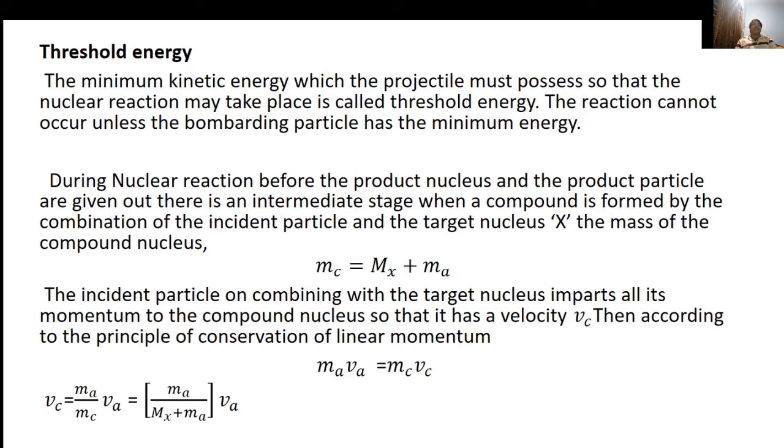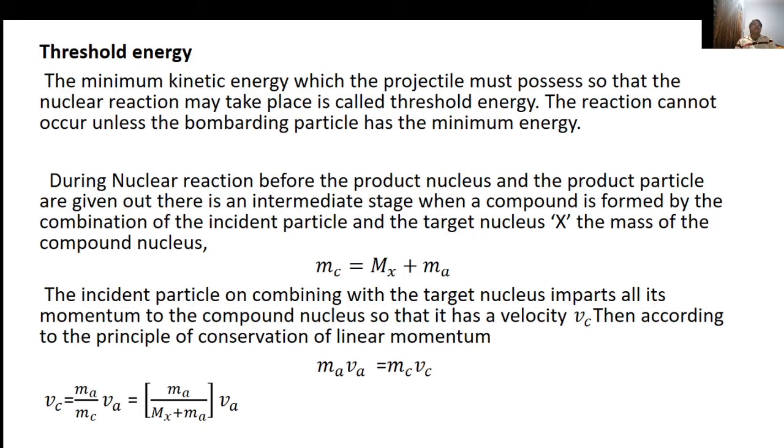We know that during nuclear reaction, before the product nucleus and the product particle are given out, there is an intermediate stage. In that intermediate stage, the compound nucleus is formed.